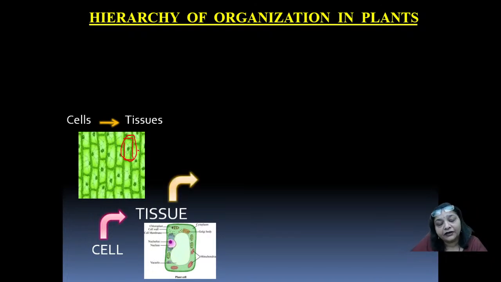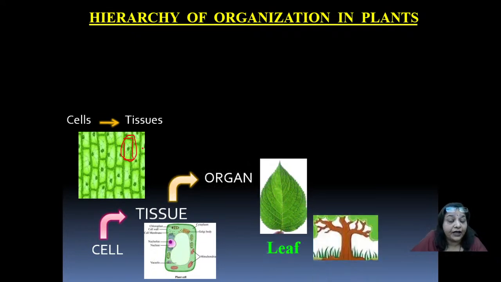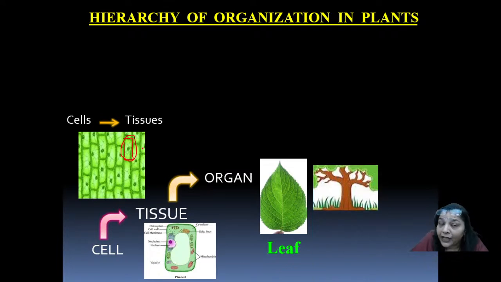The same way the different types of tissues also undergo teamwork. Okay, they work in groups and they form the organs. There are different types of organs even in plants. Yes, you have the leaves, the stem and the branches. Can you see?